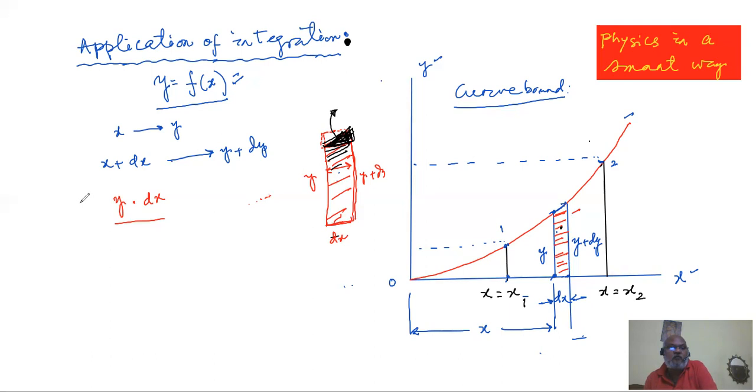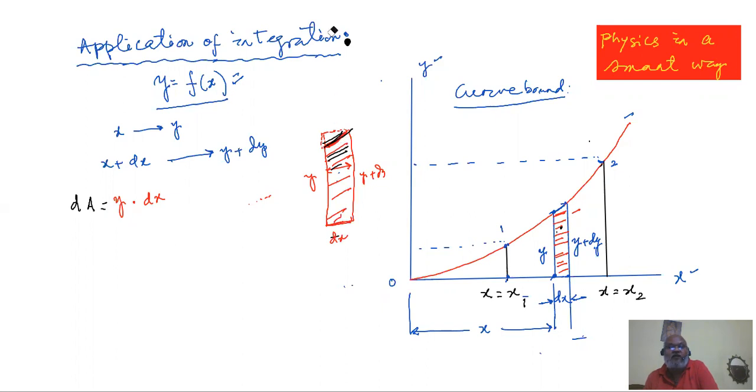So we can say y dx is approximately the area that you are considering here. We know our idea is not exact, but there is no exact way to find out. We have to miss something.